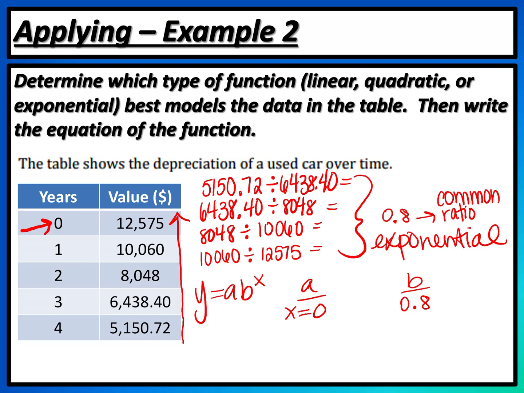We would multiply by our common ratio, and we could get to that initial value. T equals 0 is given here, so my initial value is 12,575. So I have my a and my b, and I'm going to plug them into my equation.